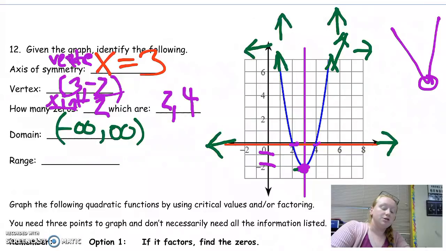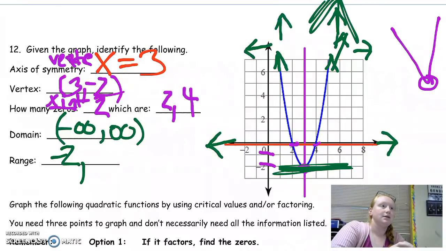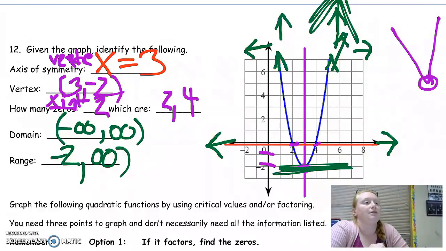In math, we do have to start from the down. So my farthest down point is -2. My farthest up point is that positive infinity. Infinities always get parentheses. The -2 has a solid dot. It gets that solid bracket.